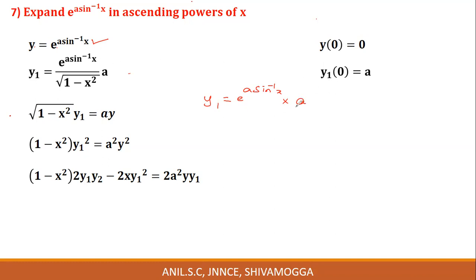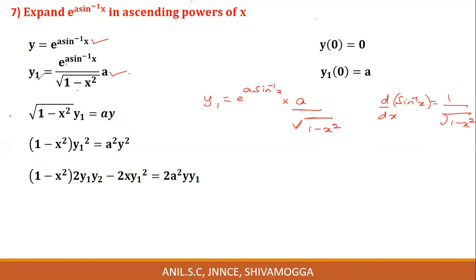Derivative of sin inverse x is 1 over square root of 1 minus x square. That's what I have done here: e power a into sin inverse x into a divided by square root of 1 minus x square.